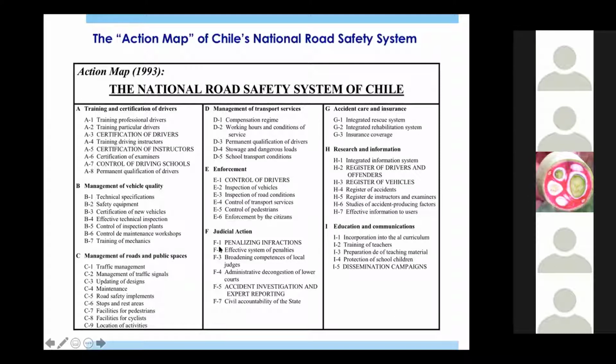Only 9 out of 55 lines of action were established with actors in charge, with activities, with impact. So this map immediately explains why so many accidents and so many deaths.